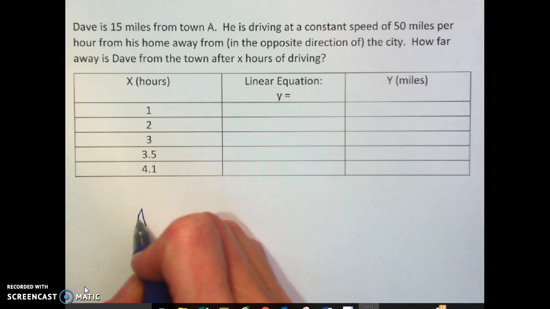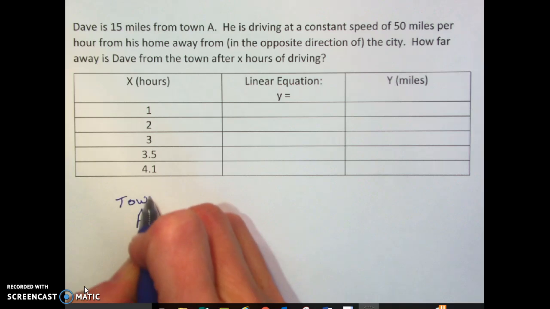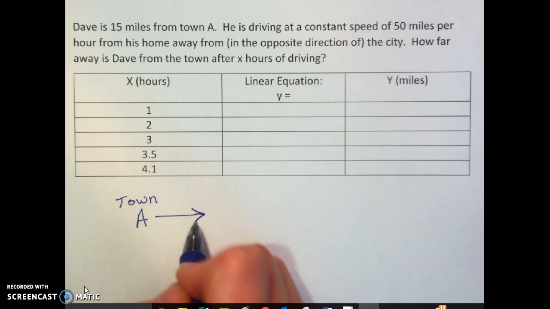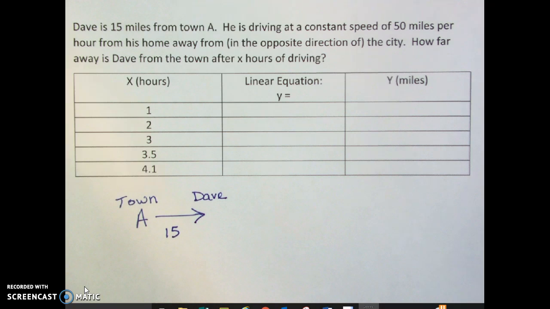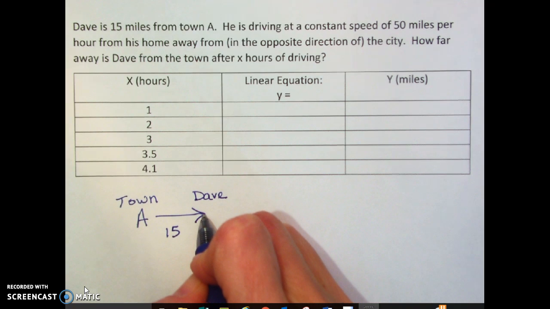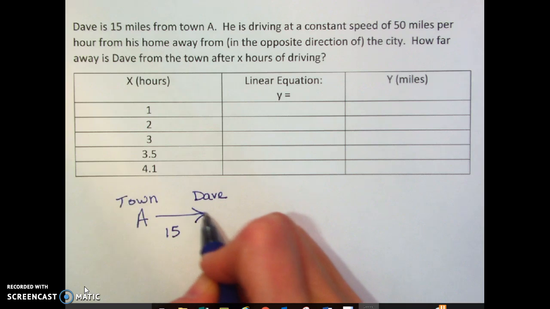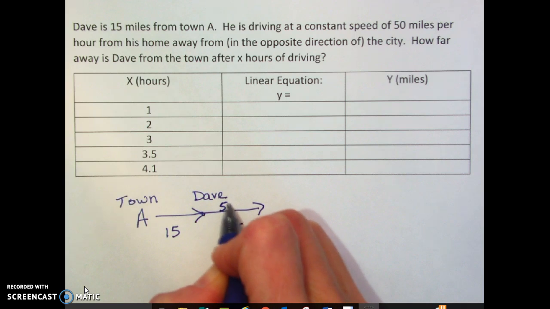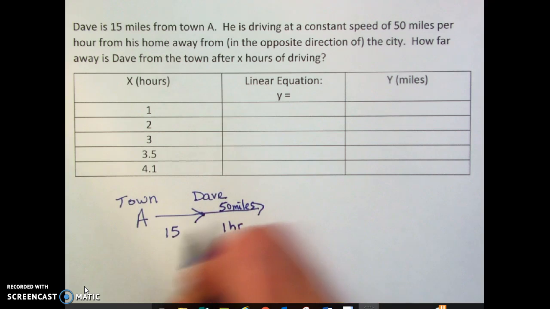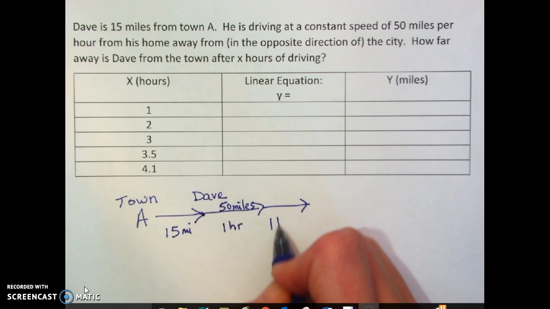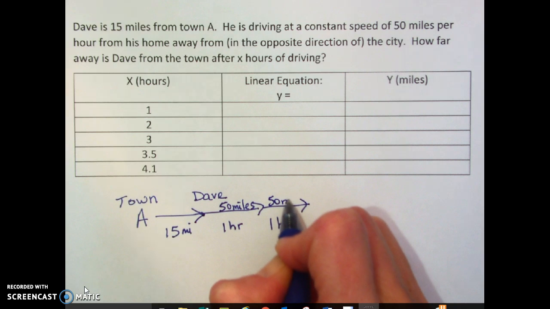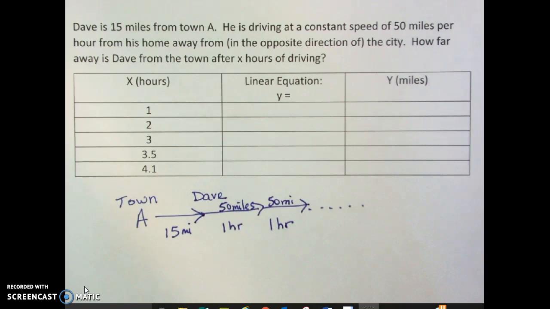Here's town A. Dave is already 15 miles away. Now he is driving 50 miles every hour. So if he drives for 1 hour, he's going to go 50 miles. If he drives for another hour, he's going to go another 50 miles, etc.